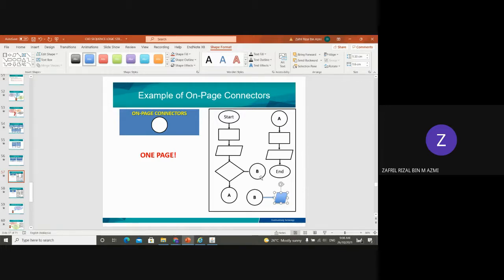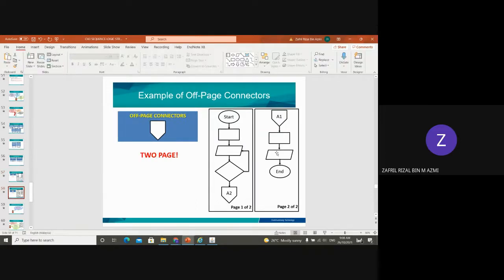This is in the same page. Wireless connection.